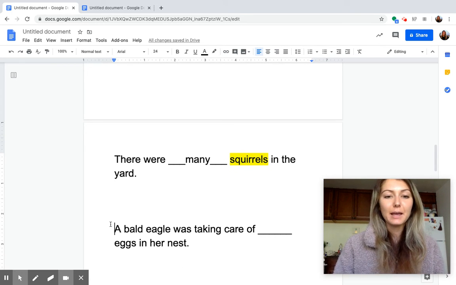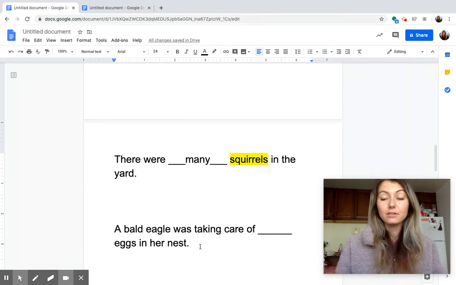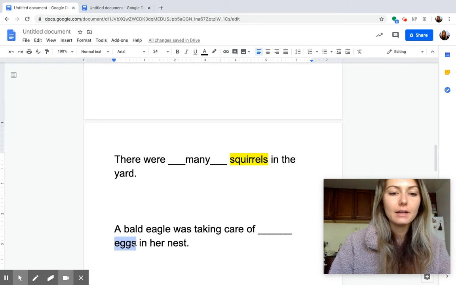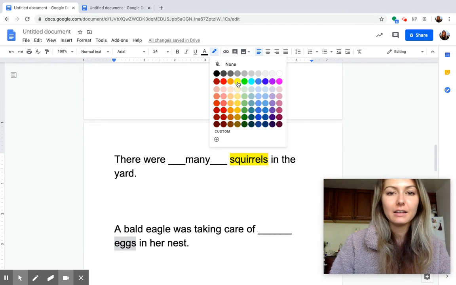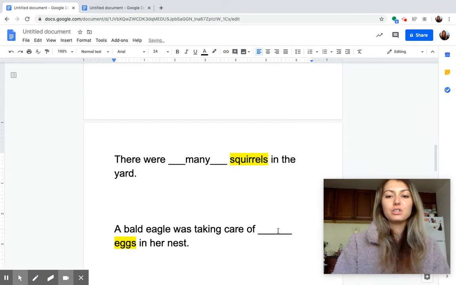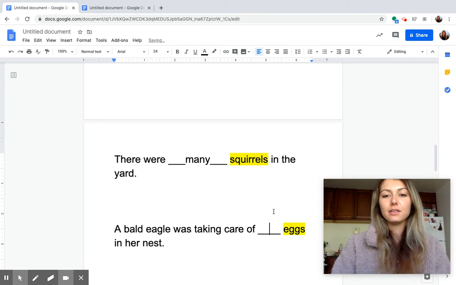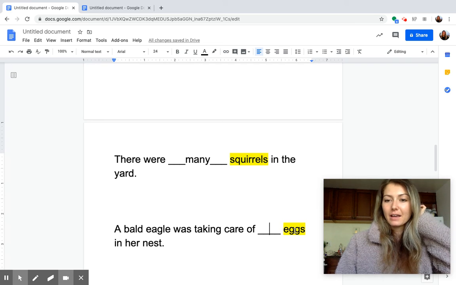This sentence says, a bald eagle was taking care of blank eggs in her nest. Wow, there's a lot of nouns in here, but I noticed that the noun that we are describing is eggs. So I'm going to highlight eggs. And we're describing, again, like the squirrels, maybe the amount of eggs.